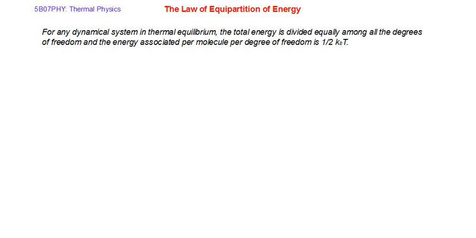So this is a rather lengthy statement having a number of conceptual terms coming in. Let's analyze them one by one. I hope that will help us to understand the law. Even though we are not deriving the law, we'll try to get an idea about what it actually tells. It starts with, for any dynamical system.